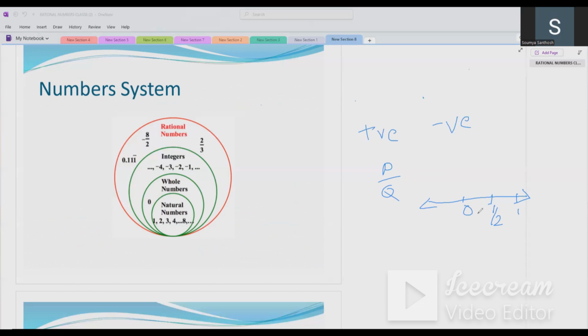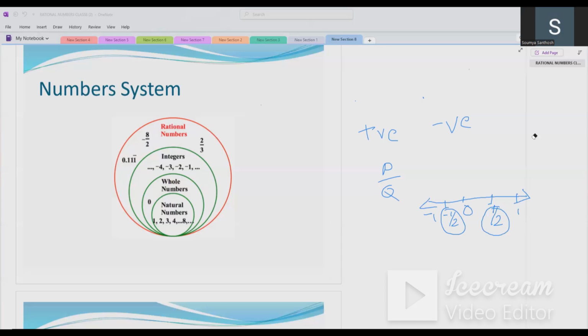Half of 0 and 1. So this half is one of the rational numbers. In the same way, here also minus 1 by 2 is there. This is also a rational number. Correct? So what is meant by rational numbers? The number system which includes both positive and negative fraction numbers is known as rational numbers.